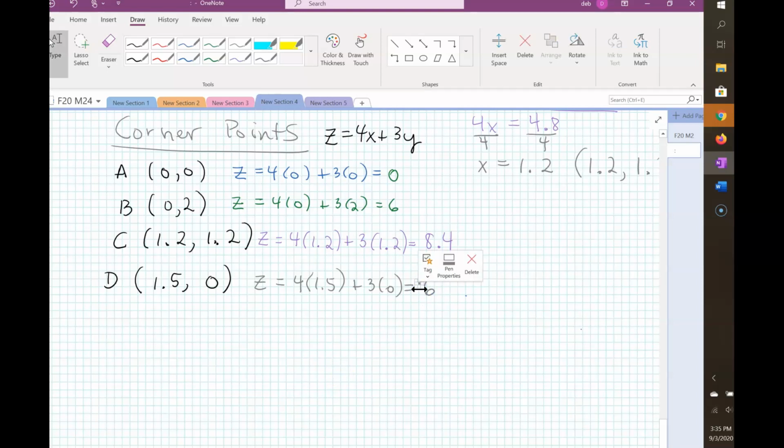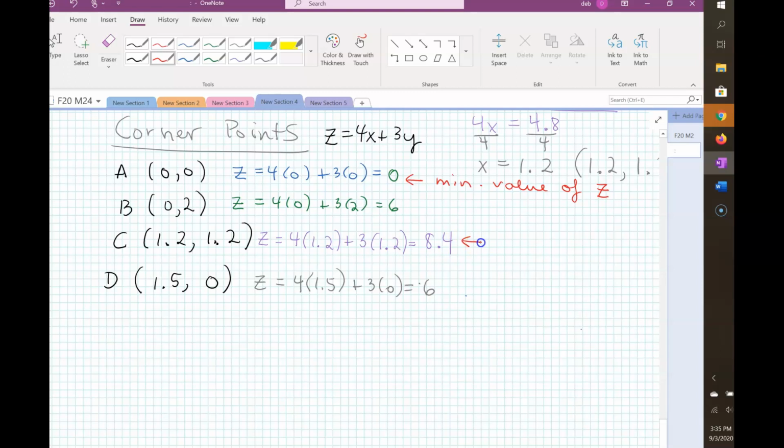So we were asked to find the minimum value of Z. So 0 is the min value of Z on this feasible region, because all we have to check is the corner points.